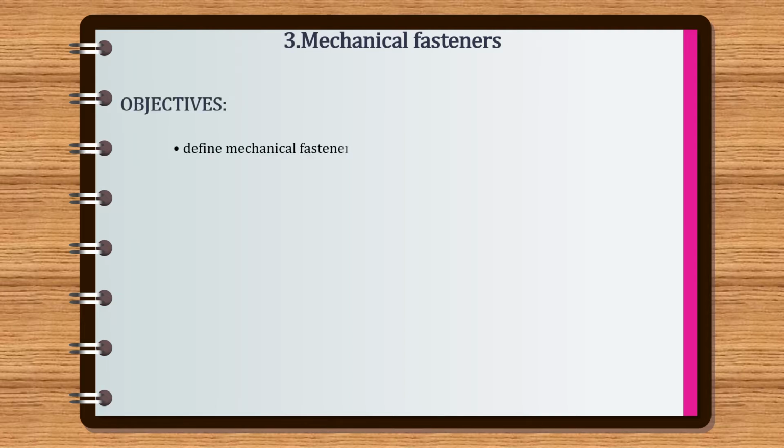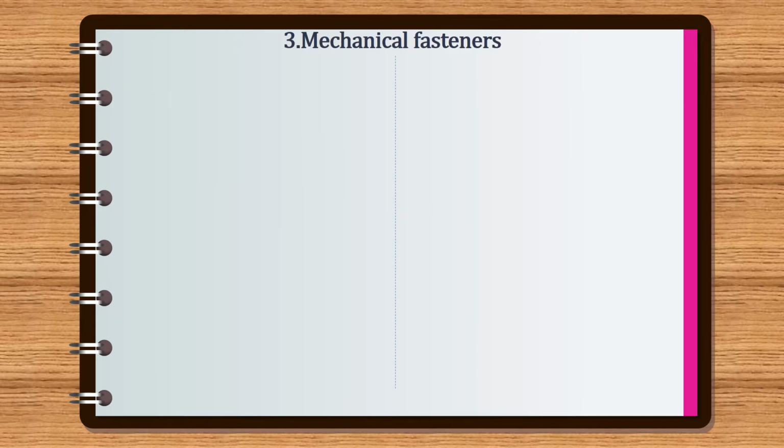The third topic we are going to discuss is mechanical fasteners. Let's see the objectives of this topic. You shall be able to define mechanical fasteners, classify fasteners, and state the application of various fasteners and their uses.